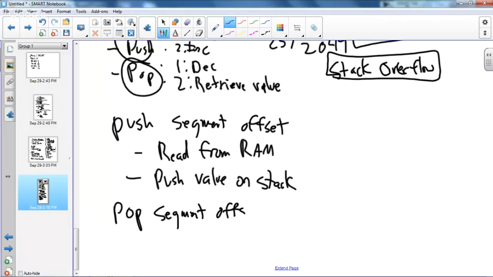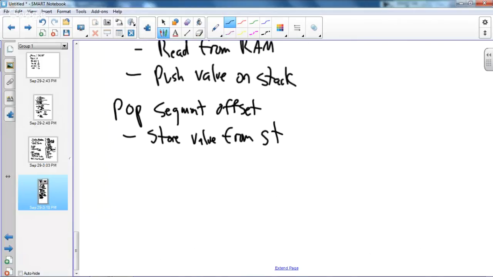Pop segment offset will store the value from the stack at the segment plus the offset. Okay? So you can imagine something like the following.